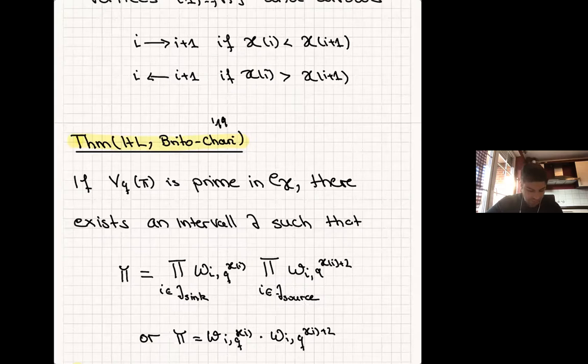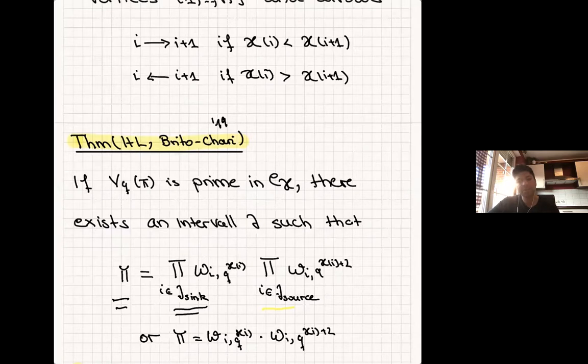Namely, V_q(π) is a prime object in C_κ, so it cannot be decomposed or written as a tensor product in a non-trivial way, if there exists an interval J such that π is exactly of that form. So you take certain ω_i at q^κ(i)'s and certain ω_i at q^κ(i)+2, where in the first case you run over the sinks. In this second case, you run over the sources.